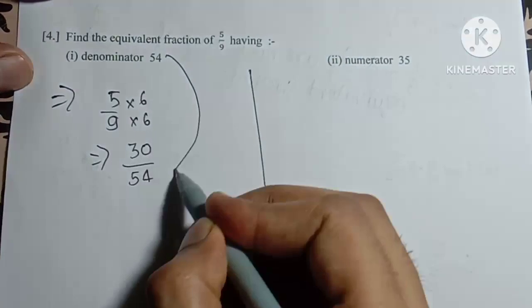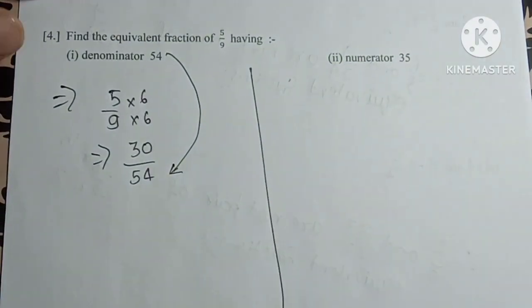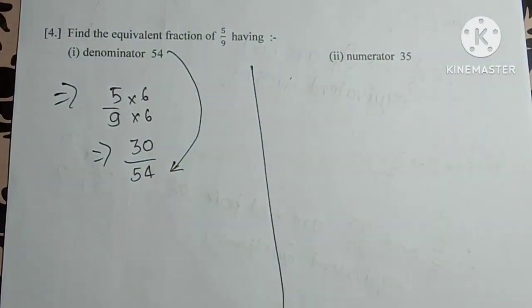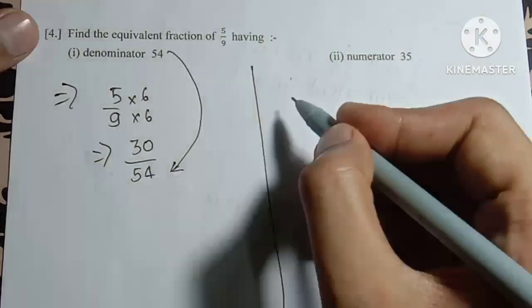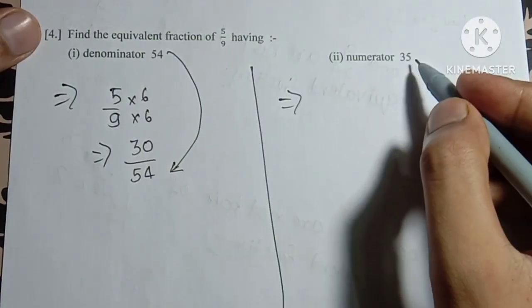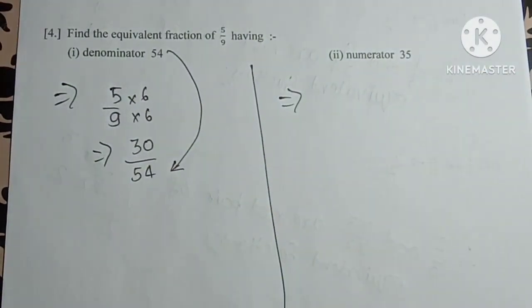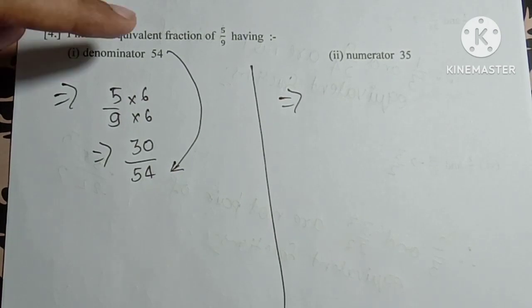And we have fulfilled the wish of the question maker, that is, the equivalent fraction of the given fraction 5 by 9 would be a fraction containing a denominator 54. Next, we have to find such an equivalent fraction whose numerator is 35 of the given fraction 5 by 9.